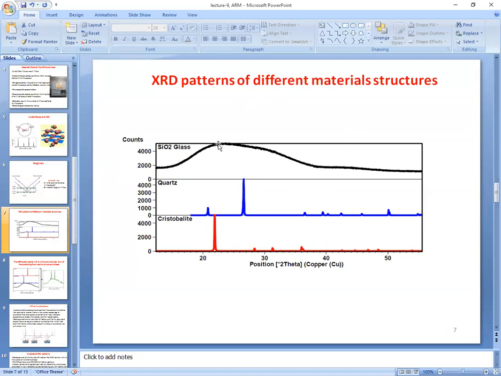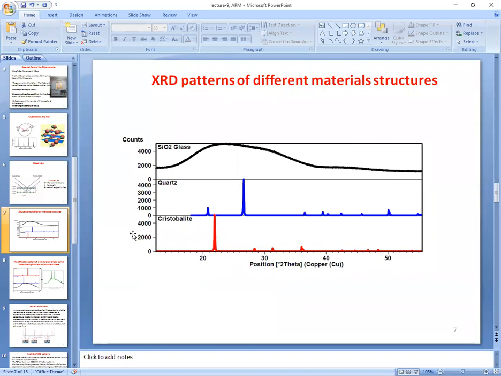This is a glass, so glass has no peaks, and it has a hump-like pattern in the XRD, and this is from the quartz. You see the patterns, and this is another material, cristobalite. Look at this: the peak positions are different, the number of peaks are different, and this is the 2 theta values, and this is the intensity.